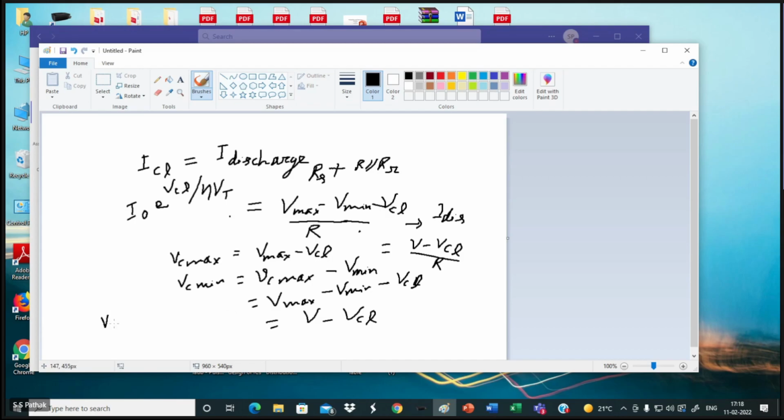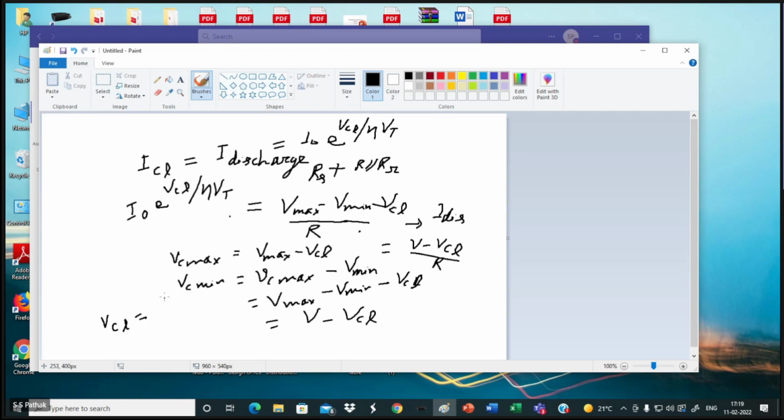What is my VCL? E to the power something is coming, remember? ICL was how much? ICL was I naught e to the power VCL divided by eta Vt. So I solve it.